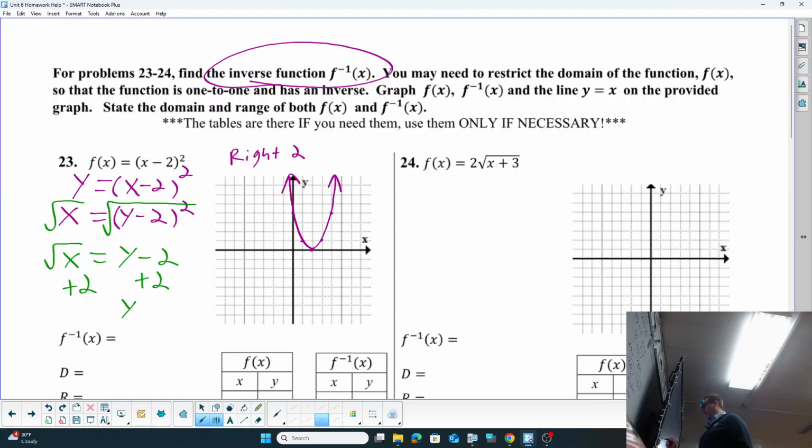So now we have y is equal to the square root of x plus 2. So can you graph the square root of x plus 2? We shift up 2 like this, and then we go over 1, up 1, and over 4, up 2. And so there's our inverse function.